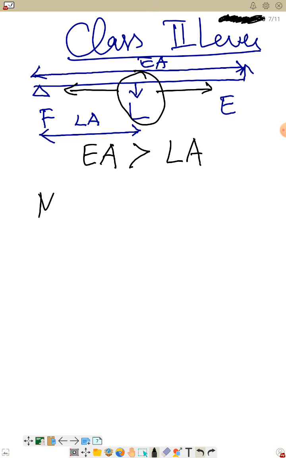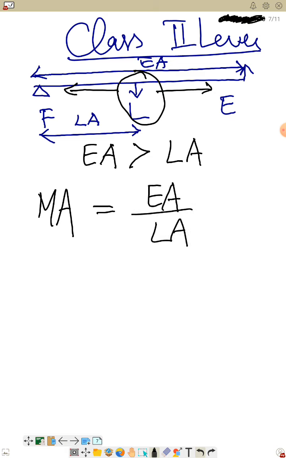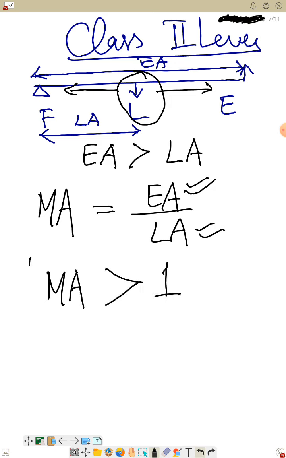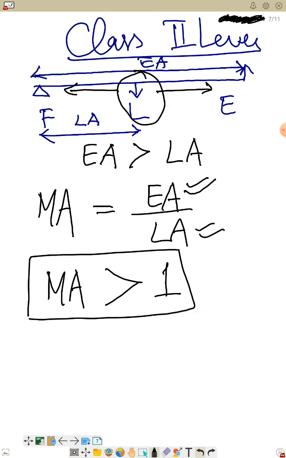So here you know the mechanical advantage of lever is the ratio of effort arm to the load arm, isn't it? So here you see that effort arm is always greater than load arm, so you will get that the mechanical advantage of class 2 lever is always greater than 1. And you know that if the mechanical advantage of a lever is greater than 1, then that lever is what?